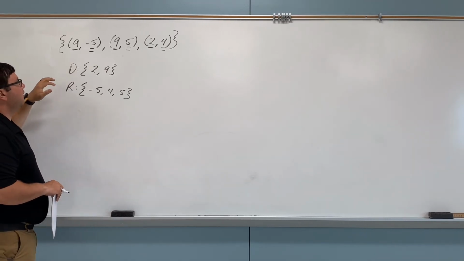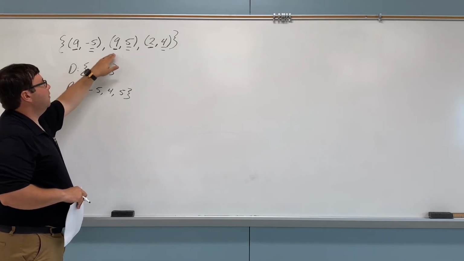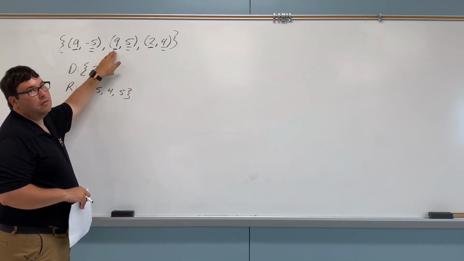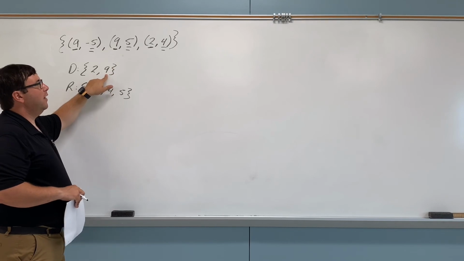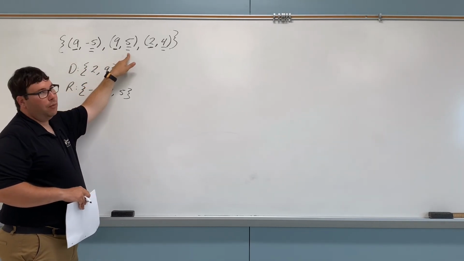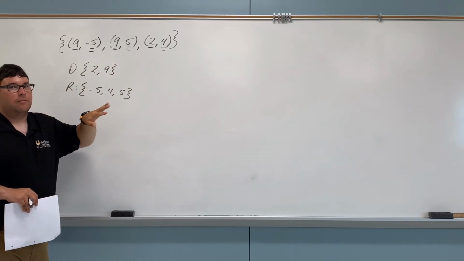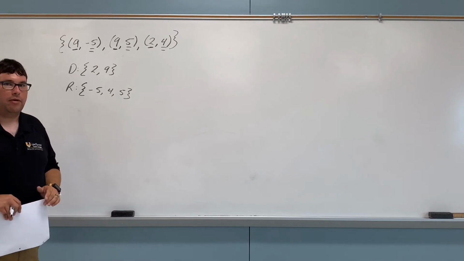So if you're looking at something like 9 here and 9 here, those are both 9 for an x, which means you represent it one time. Everything else, like a -5 and a 5 for the y's and a 4 for the y, those are all unique values. So you have to list the unique values.